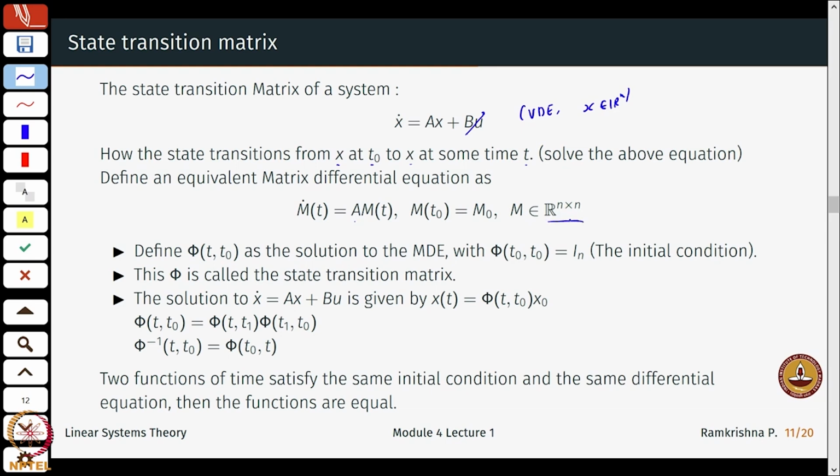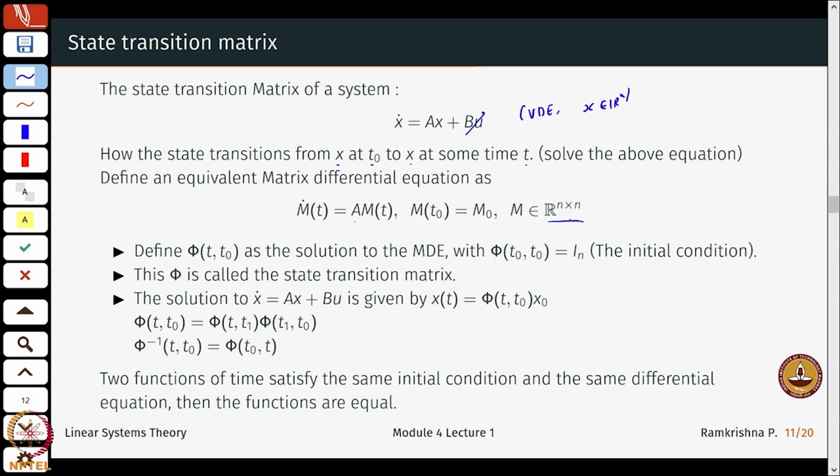It will slowly be clear why I am doing this, and we will derive this a little later, but for the moment we will just learn it, not very constructively, but in a way that will help us understand the basics of the state transition matrix.